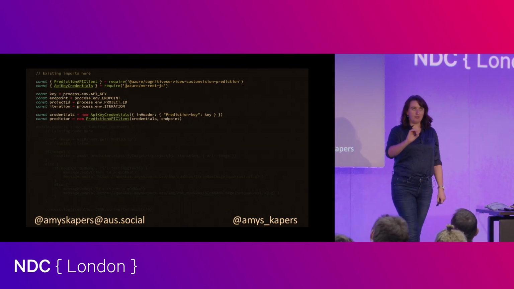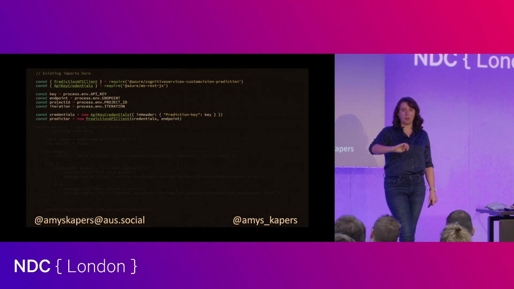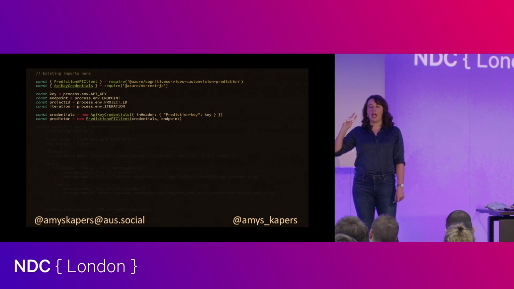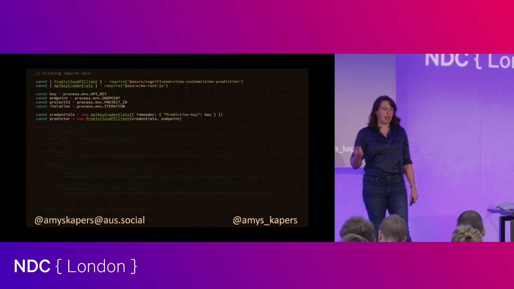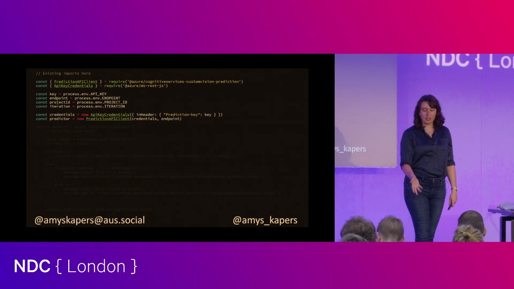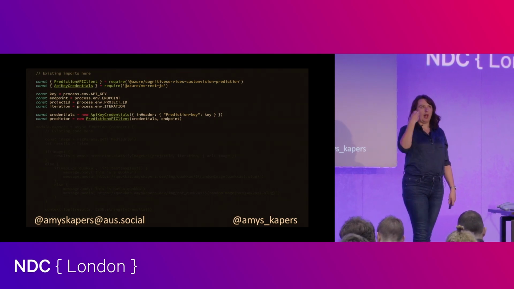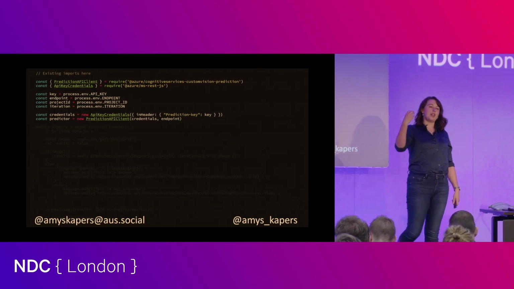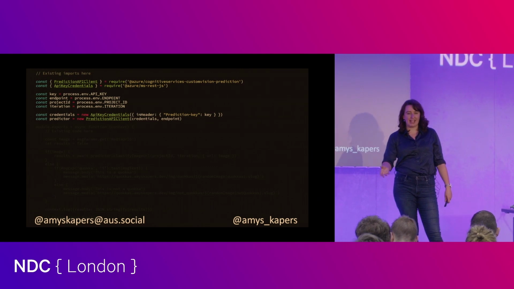Now, Custom Vision is the product that we're using. It has two APIs, a prediction API and a training API. As the name suggests, with the training API, you can send a photo to it and it will train an image recognition model.